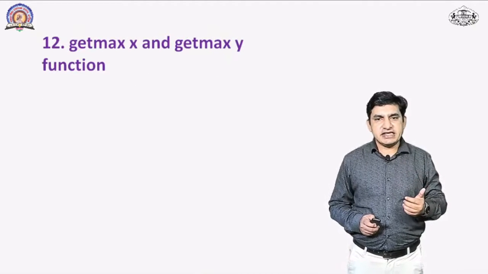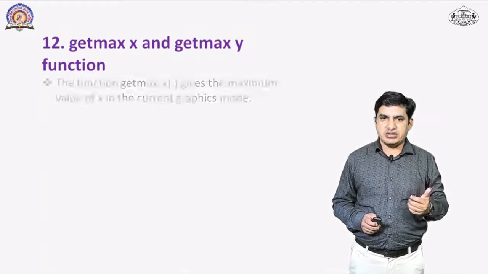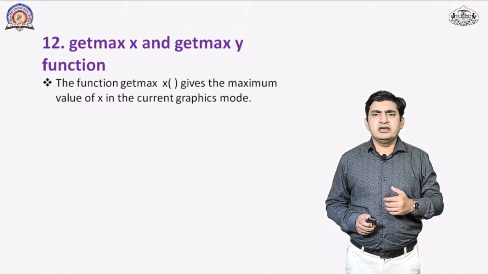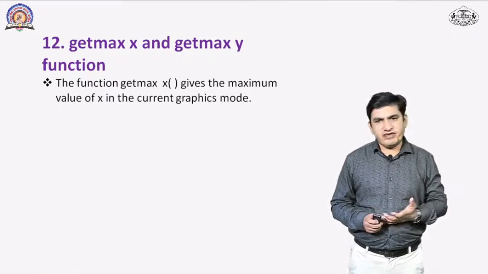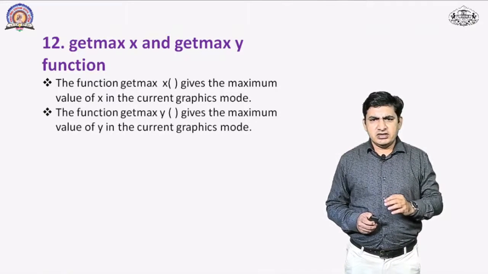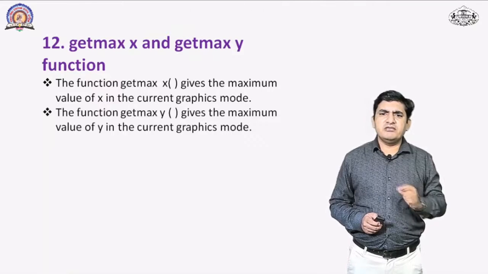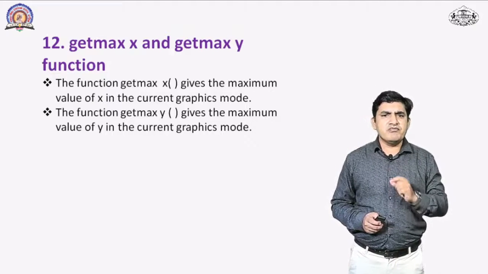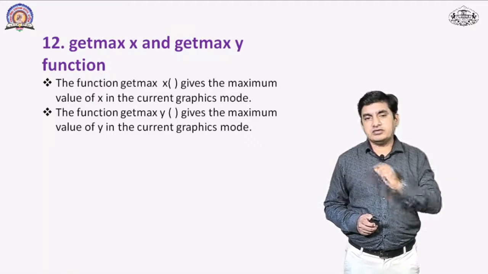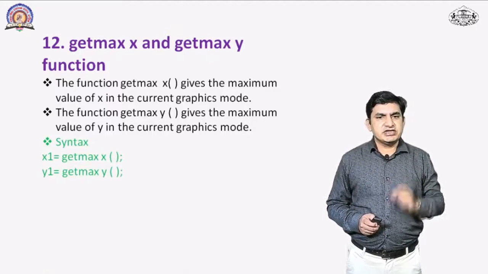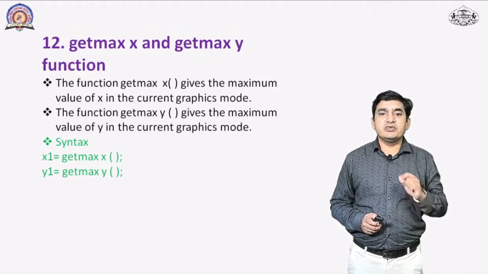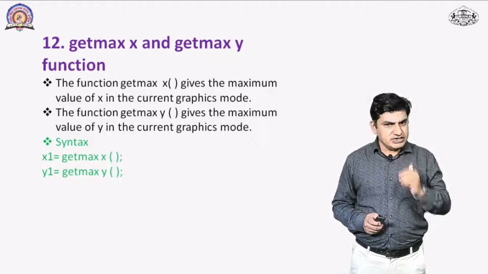Then getmaxx and getmaxy functions. The function getmaxx gives the maximum value of x in the current graphics mode, while the function getmaxy gives the maximum value of y in the current graphics mode. Syntax is x1 = getmaxx and y1 = getmaxy.